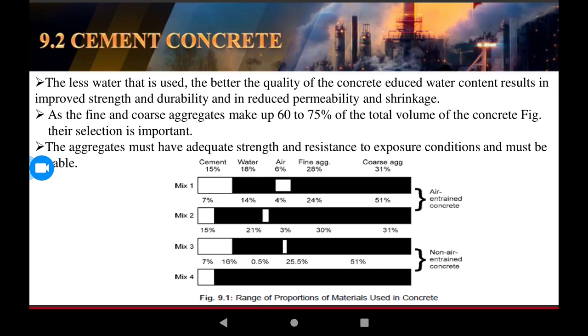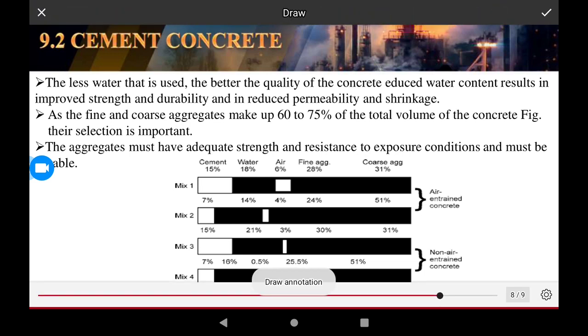The less water that is used, the better the quality of the concrete. Reduced water content results in improved strength and durability and reduced permeability and shrinkage.